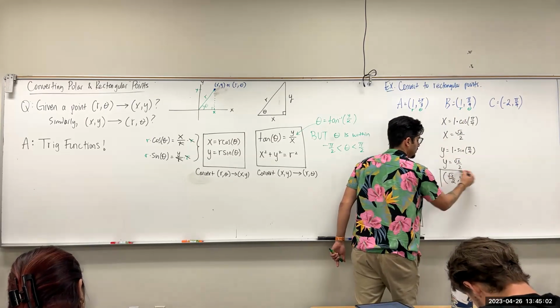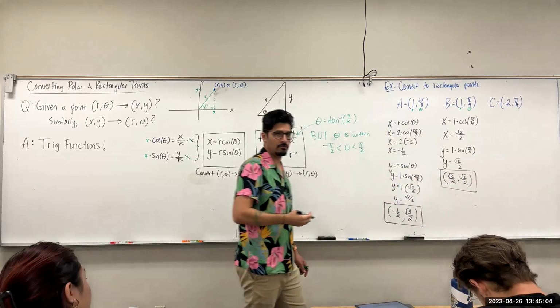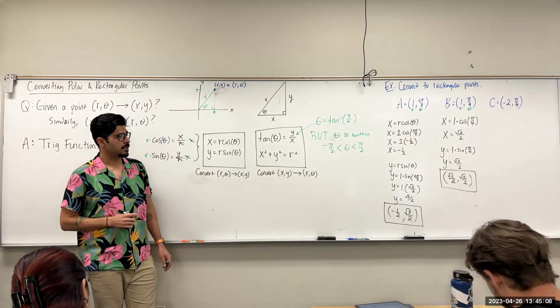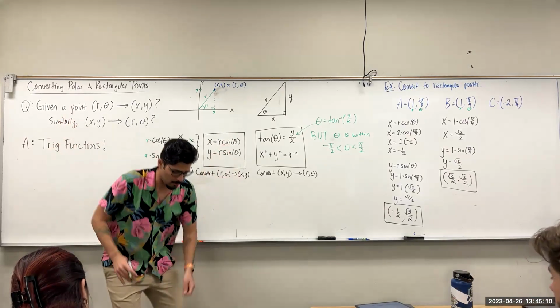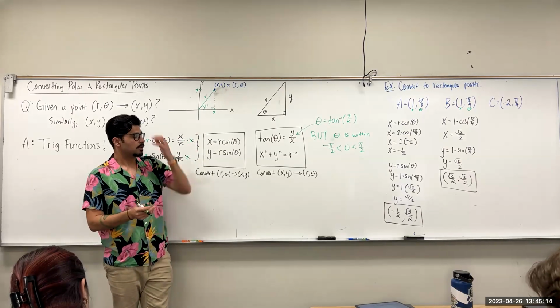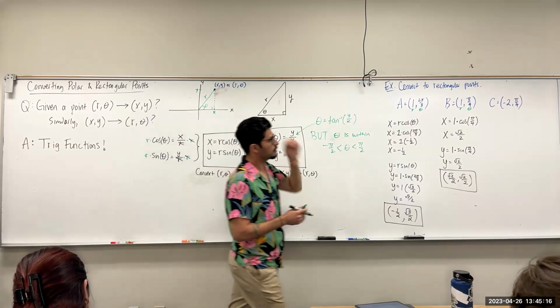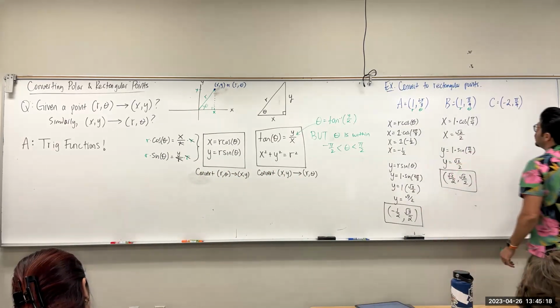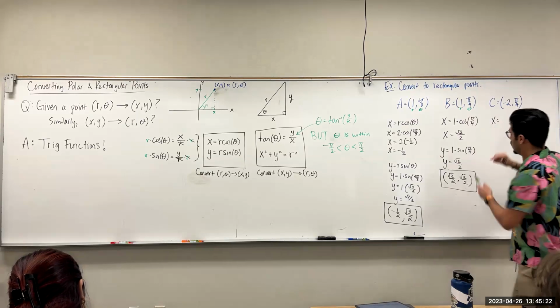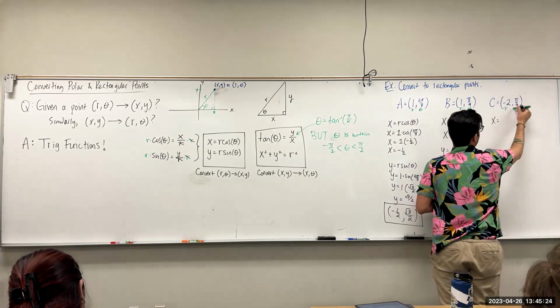So it's kind of matching, right? It's confirming everything we've been doing. But the second one, the third point, C, is different now. Now we're not on the unit circle anymore. So let's take a look at this one. So here x is going to be, here's your r, here's your theta.